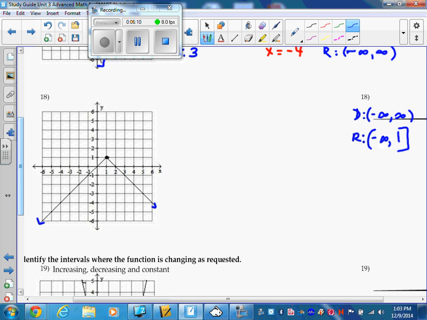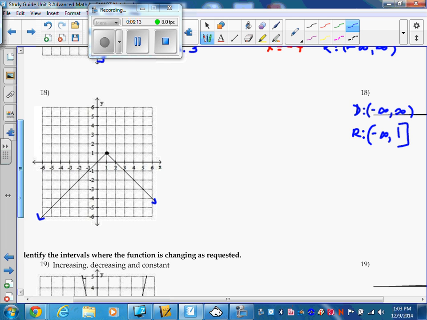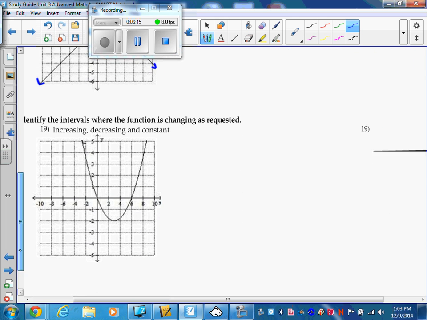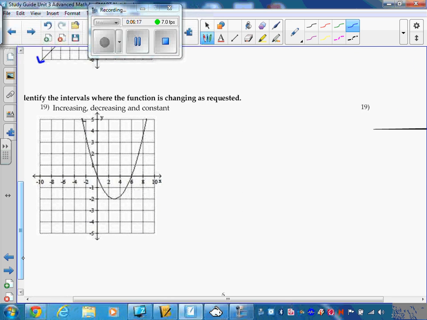Okay, in question 19, we have identifying the intervals where the function is changing: increasing, decreasing, and constant. So I wanted all three of them on here. And I do want to point out that there should be 3 answers here.